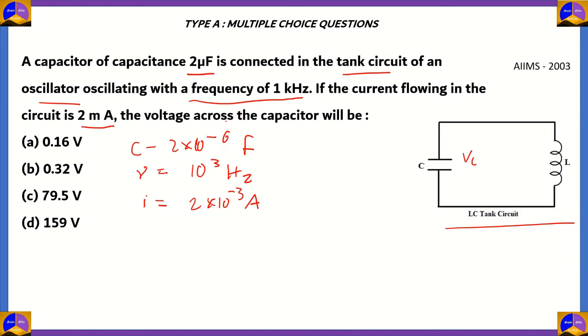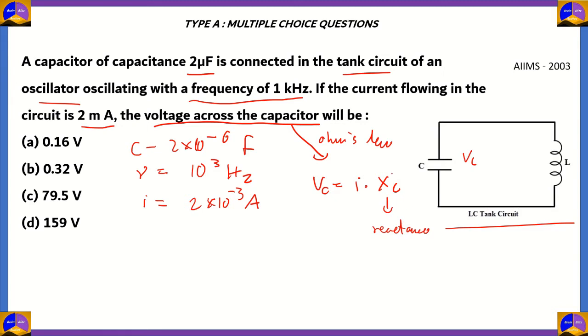So, how do we find voltage across the capacitor? Voltage across the capacitor by using Ohm's law will be VC is equal to I times XC, where XC is the reactance of the capacitor, or the resistance to the flow of current which is produced by the capacitor. That is called capacitive reactance.